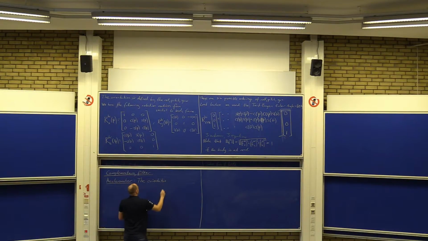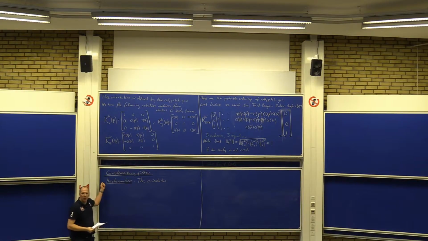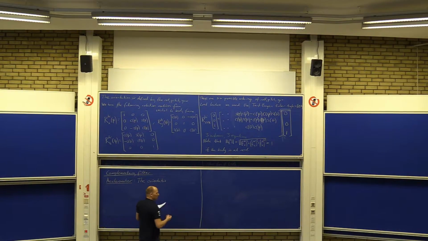So in the long run we can trust the accelerometer, but in the short run we would like to trust the gyro, because the gyro is not sensitive to accelerations as the accelerometer is. But the gyro has the problem that in the long run there will be integration drift. So we will do sensor fusion here: we trust the accelerometer in the long run and the gyro in the short run. To do that we will use the idea of the complementary filter.